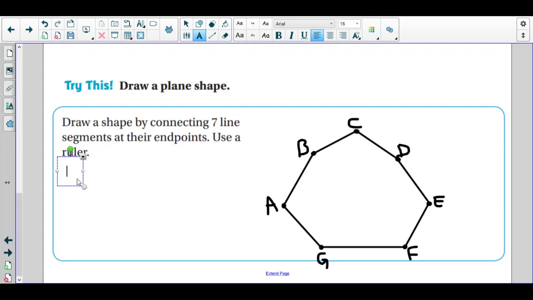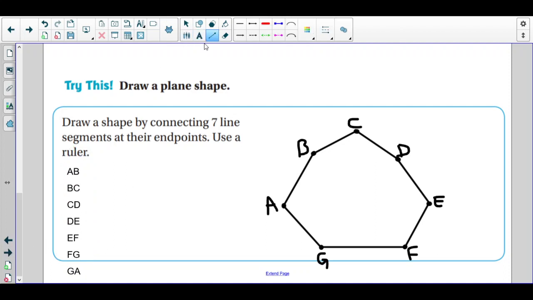We had AB, BC, CD, DE, EF, FG, and then GA. Do we have 7 line segments?